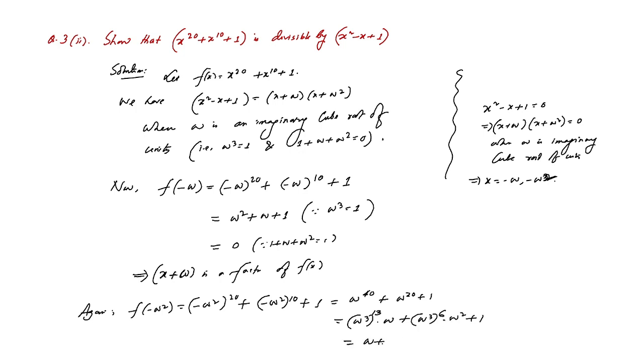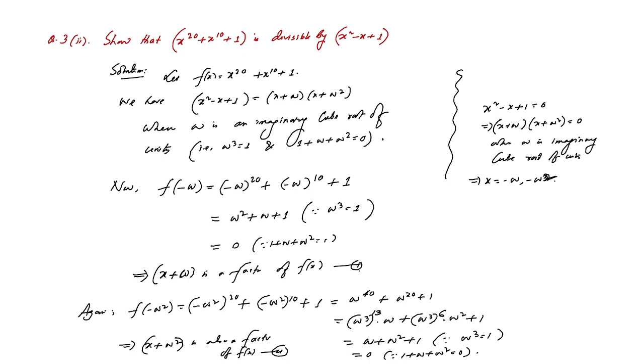So that will be omega plus omega square plus 1, since omega cube equals 1. This is again also 0. So that means x plus omega square is also a factor of f(x). So this is 2 and this is 1.